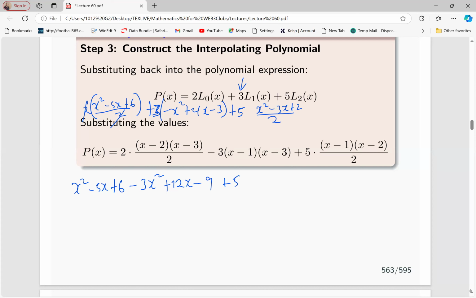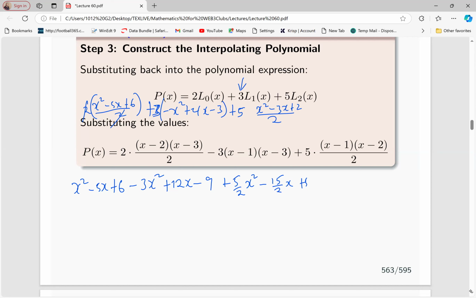You have 5 over 2 x squared, then minus 15 over 2 x, then this other one will be 5, because it's 5 over 2 times 2, which is 5.